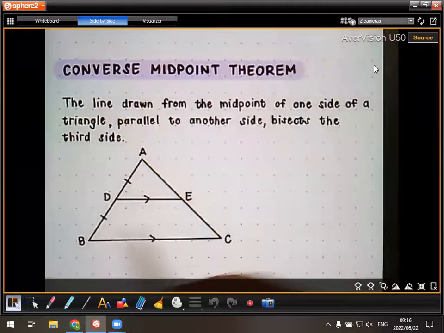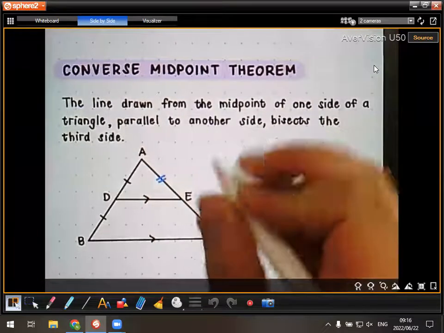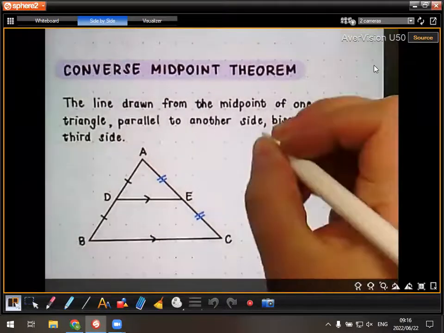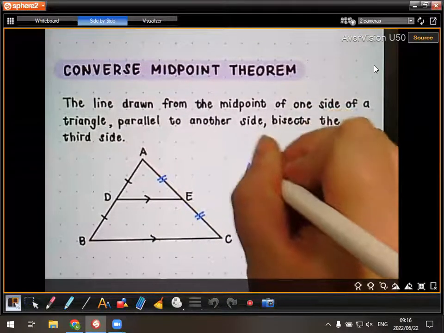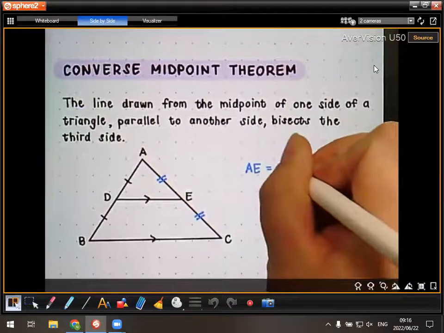Okay, so what I want you to do, in a different color please, is fill in to show that E is the midpoint of AC, we will show that those two parts are equal. We would be able to write down, so I'm going to write it next to this picture, that AE is equal to CE.